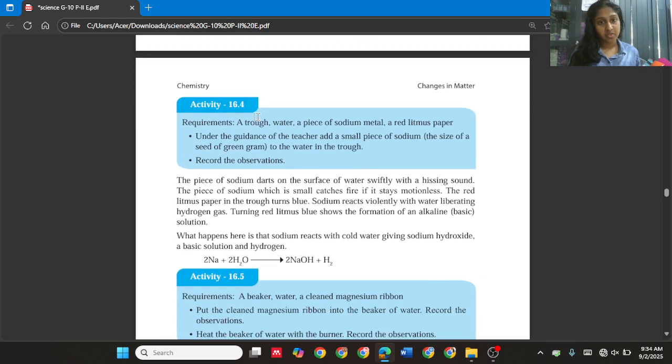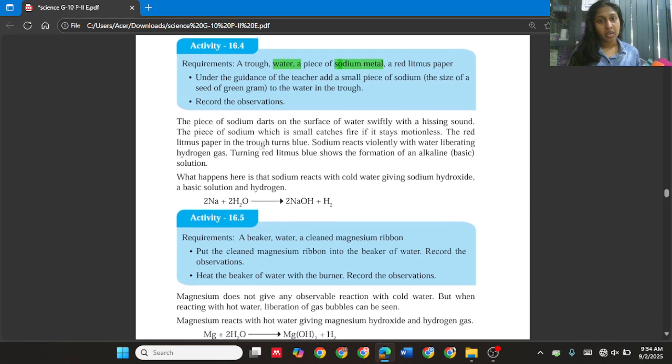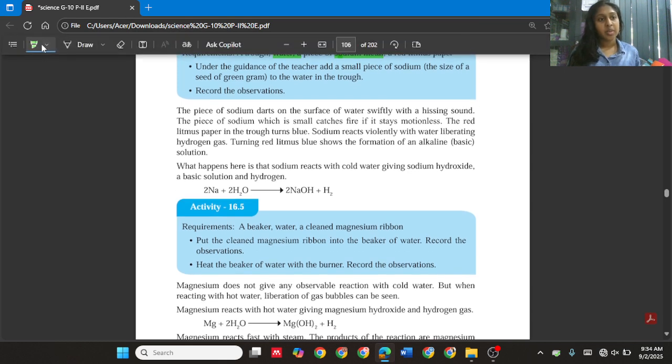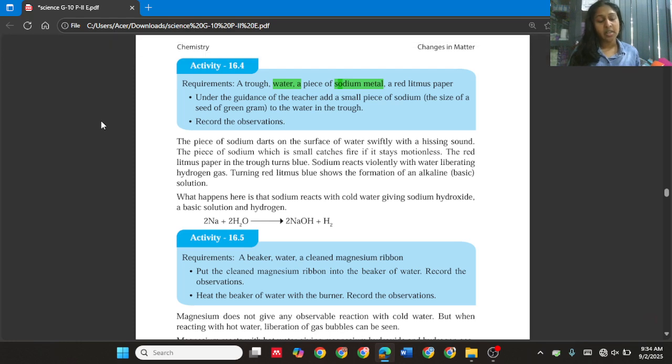The requirements are a trough, water, a piece of sodium metal, and red litmus paper. Under the guidance of a teacher, because sodium metal is a very reactive, very active metal, otherwise there could be an explosion or other things.